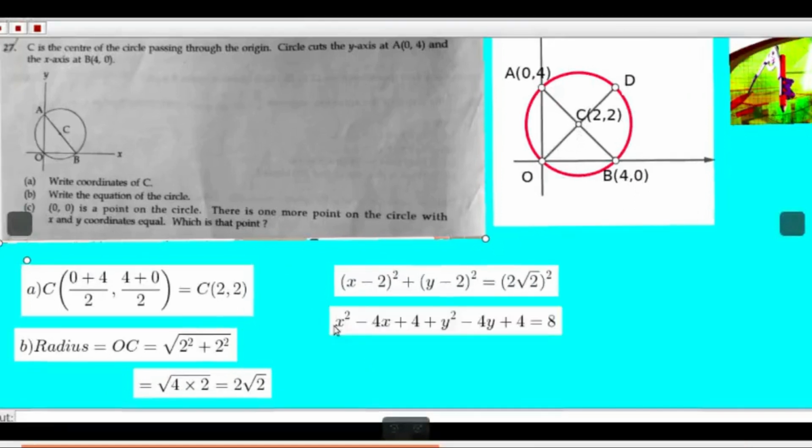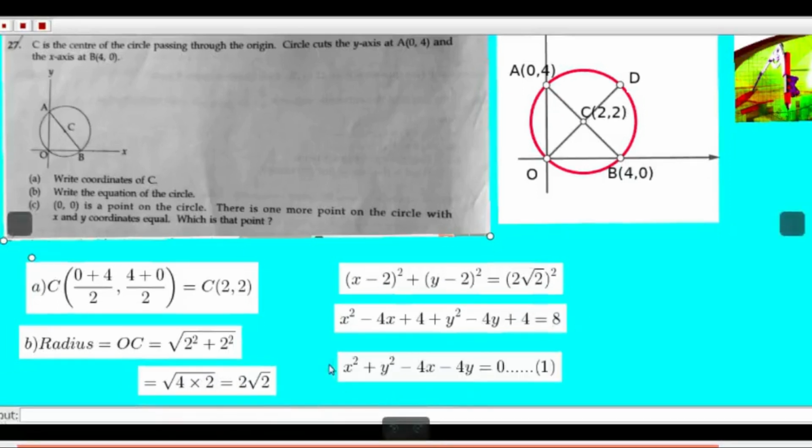Expand this, that is a square minus 2ab, x square minus 4x plus 4, plus y square minus 4y plus 4 is equal to 8. After simplifying, we obtain x square plus y square minus 4x minus 4y is equal to 0. Okay, this is the equation of the circle.